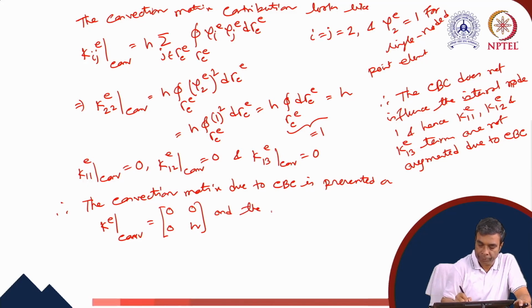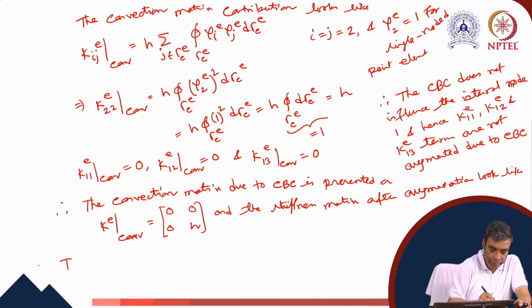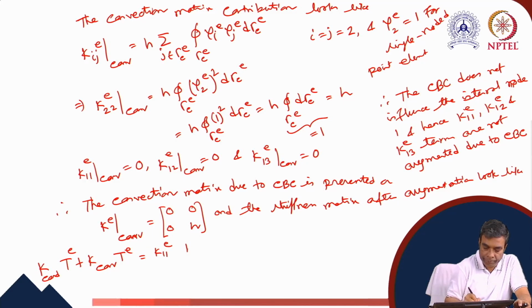And the stiffness matrix after augmentation looks like K conduction plus K convection, TE. This becomes equal to K11E, K12E, K21E, K22E.